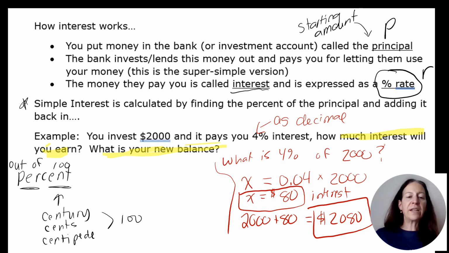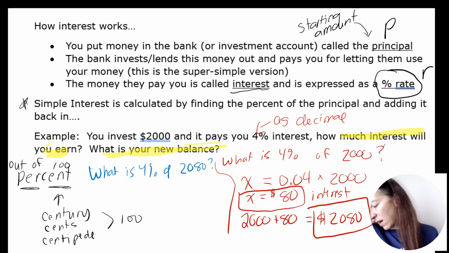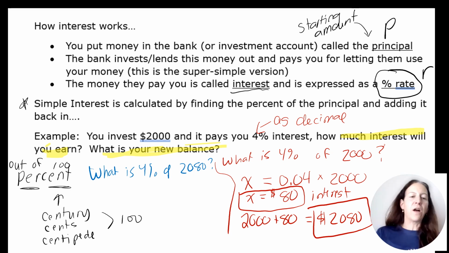And so the next time you're going to do what is 4% of 2,080. And so 4% of 2,080 is going to be a slightly bigger number. That is going to be $83.20.